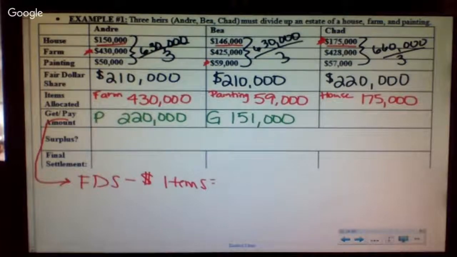Somewhat, but I still don't understand the pay and get amount. Is the fair dollar share how much money they're putting towards it, and then they get whatever they value most, and then they have to pay extra money on top of the fair dollar share? So say we're doing a gift exchange, and everybody was told to buy a $5 gift.